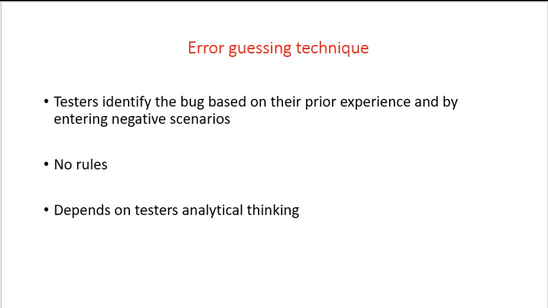For example, if a requirement says that it accepts only numbers, testers will test by giving alphabets, alphanumerics, alphabets with space, or even a blank space, or alphabets with uppercase and lowercase. Likewise, testers will give all possible scenarios and will test the application. This type of technique is called the error guessing technique.